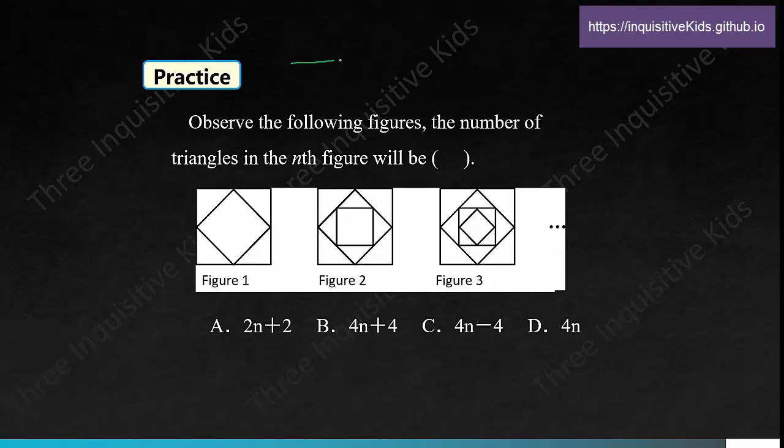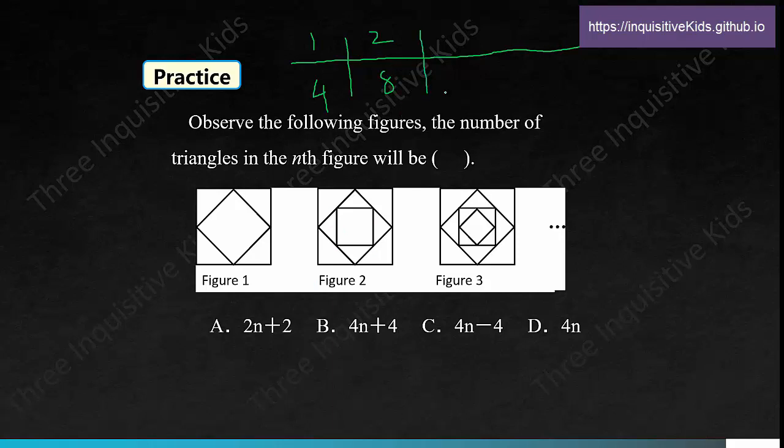Again, we'll create the table there, and we'll put in the value. So on the top, it will be figure number, and then at the bottom, it will be how many triangles. So figure number 1, we have 1, 2, 3, 4 triangles. Figure number 2, we have 1, 2, 3, 4, 5, 6, 7, 8 triangles.